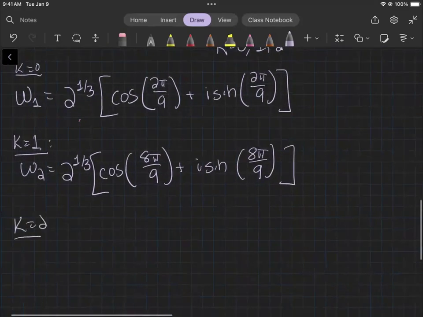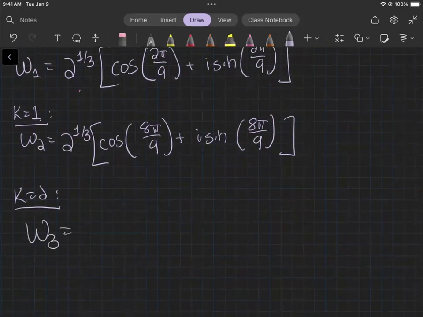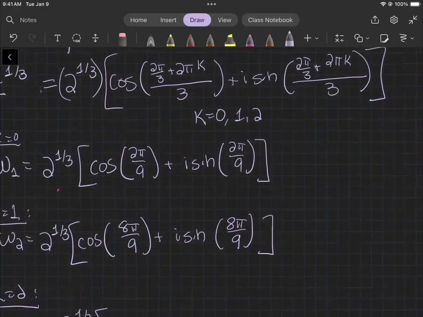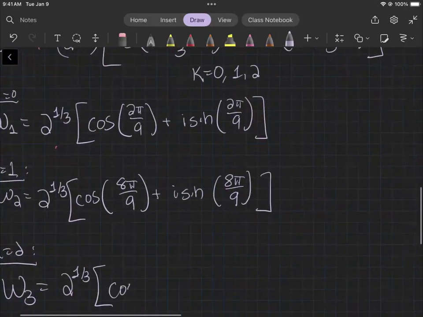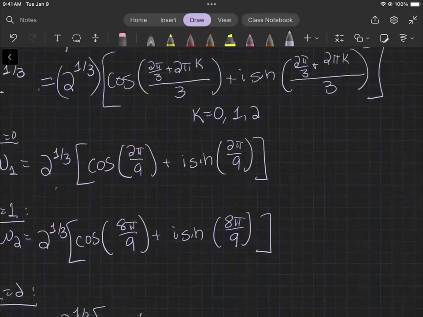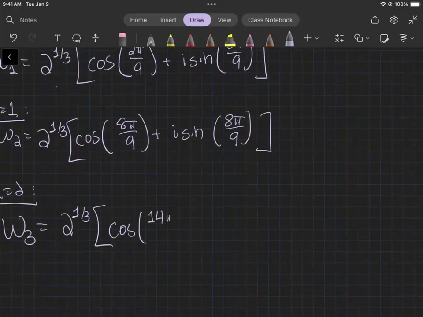And when k is 2, W3 is equal to 2 to the 1/3 power times cosine of 2 pi over 3 plus 4 pi, which is 12 pi over 3, so that is 14 pi over 9.